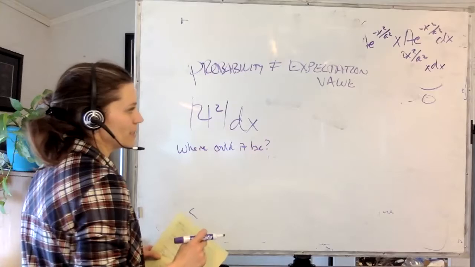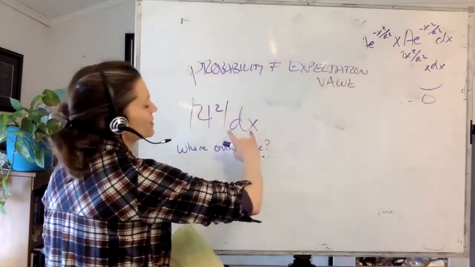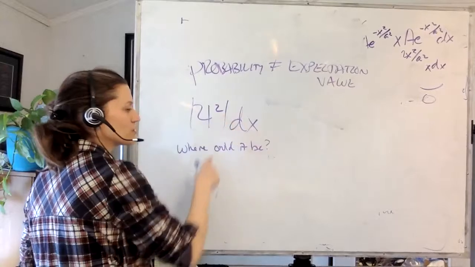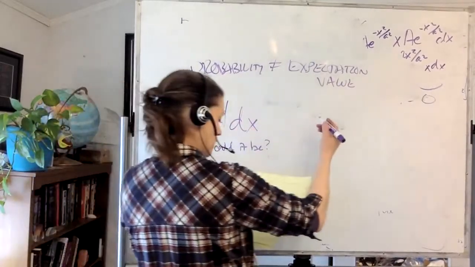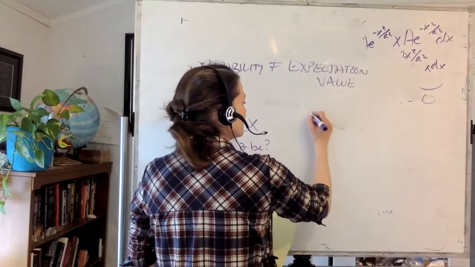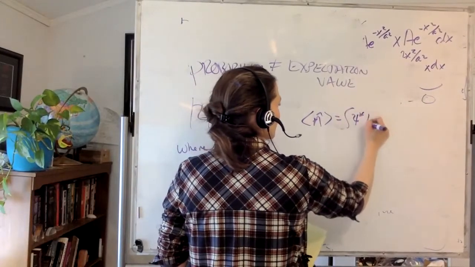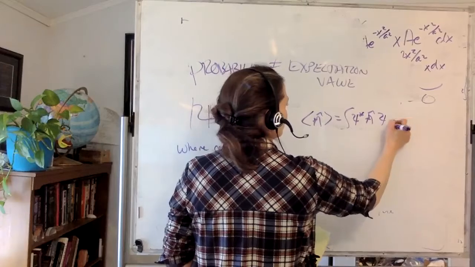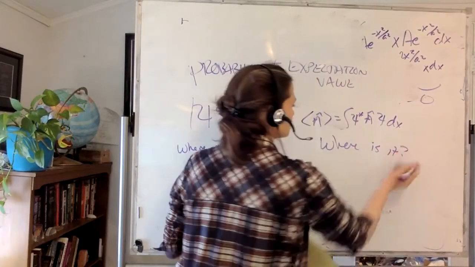So the probability density psi squared multiplied by the dimension, so it's probability per dimension multiplied by the dimension, is where it could be. And this A is equal to the integral of psi star, A hat, psi dx, is where it is.